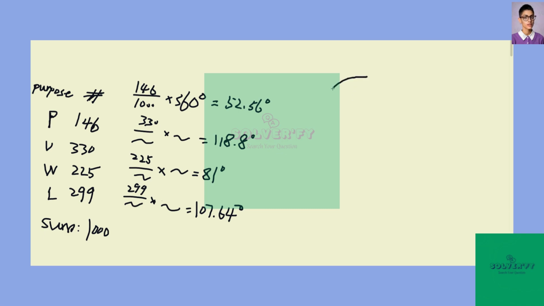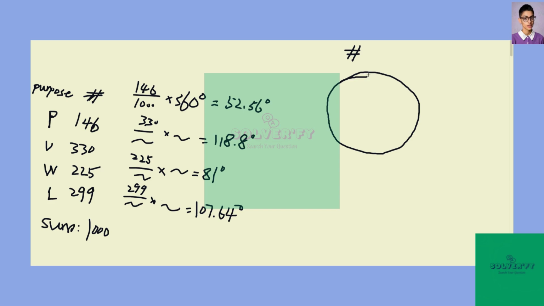In order to draw it, we first need to draw a circle. It is quite obvious. And we know that it is the number of people who have different purposes of traveling, right? For the first one, personal related reasons, the degree is 52.56.